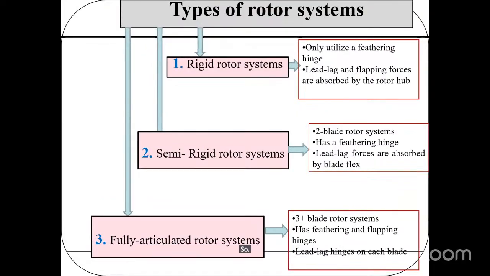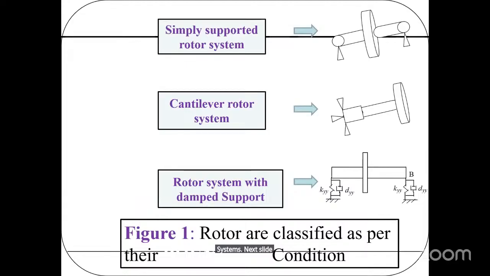So there are various types of rotor shafts: rigid bearing, rigid shaft, and semi-rigid and fully articulated systems. Next slide. Based on the boundary conditions, a rotor can be defined as simply supported, cantilever, or damped supported rotor also.